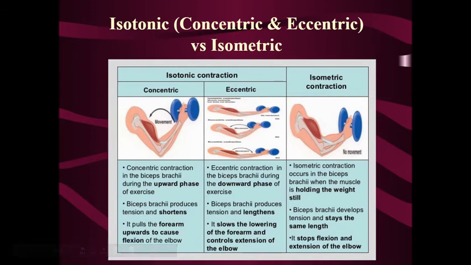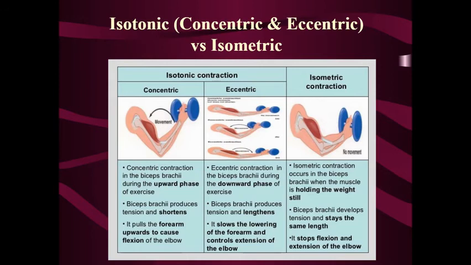So here's those three types compared side by side. So we already know that with isometric, there's not going to be any movement. For example, that's when you're holding a weight. The bicep stays the same length, but you are definitely building tension in that muscle. So the two isotonic contractions, concentric is like the upward phase of the bicep. The bicep shortens and pulls the forearm upward.